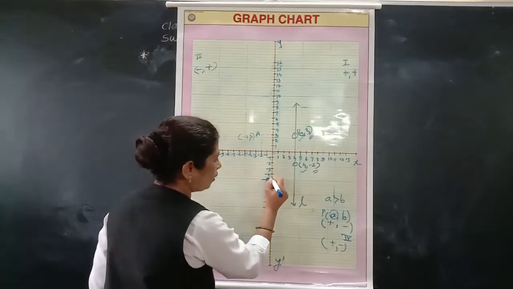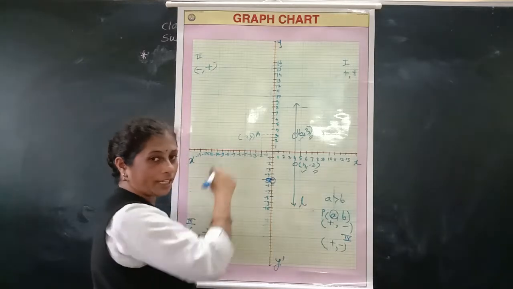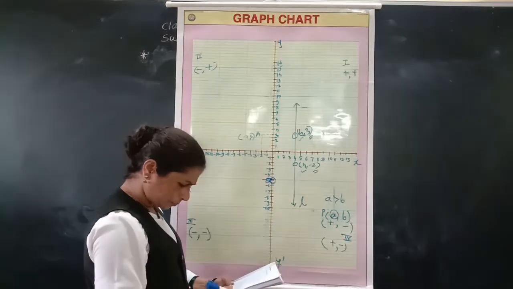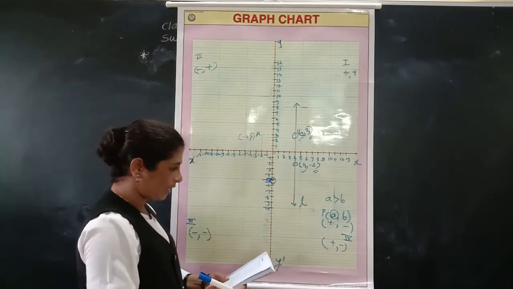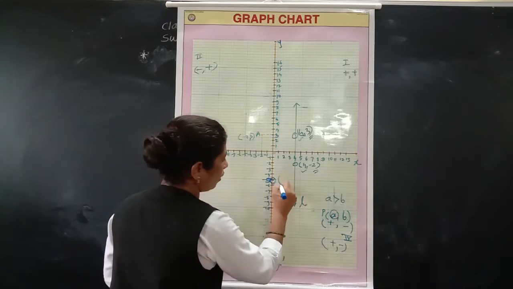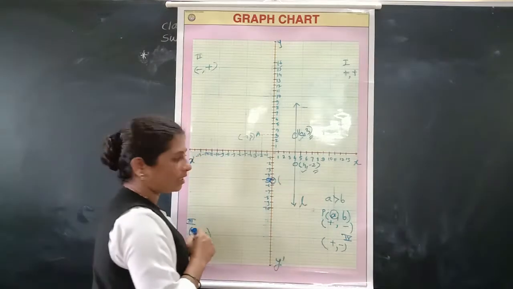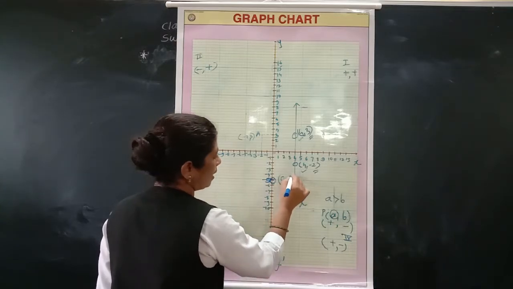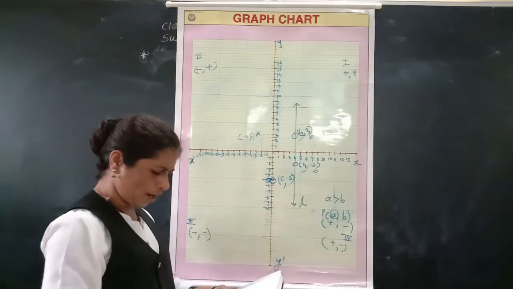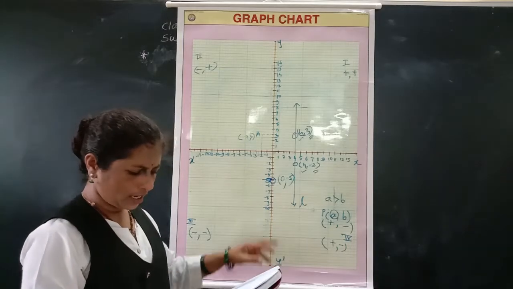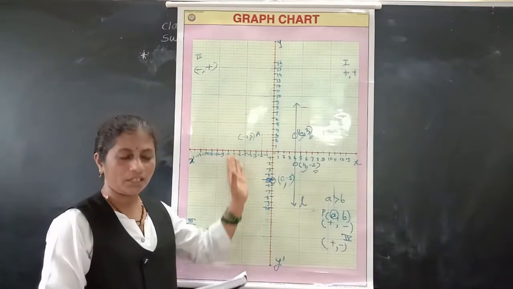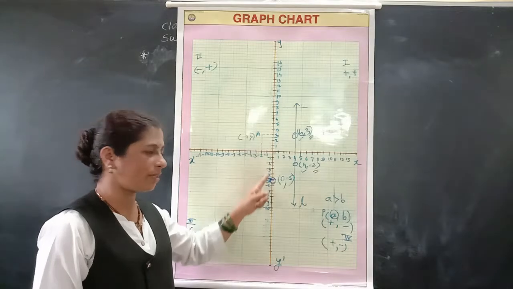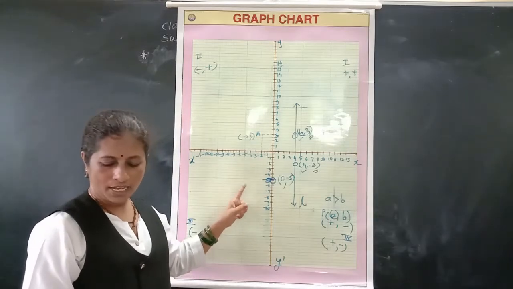So what are the coordinates of this point? Yes, x is 0 and y is -5. Understood everyone?